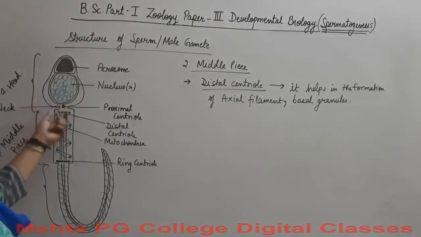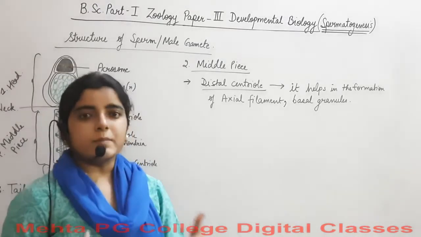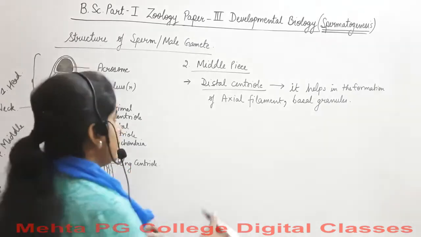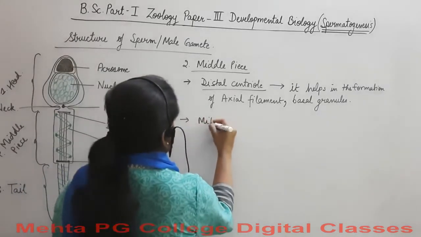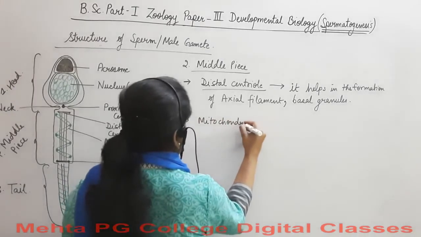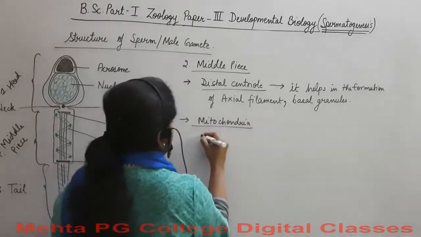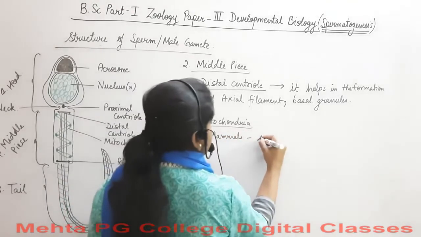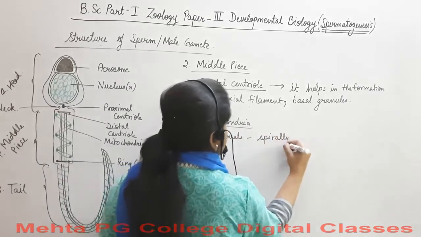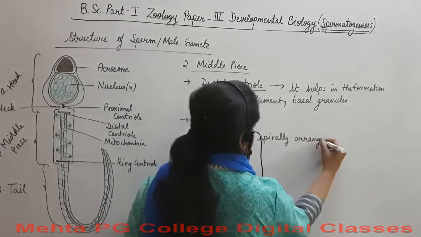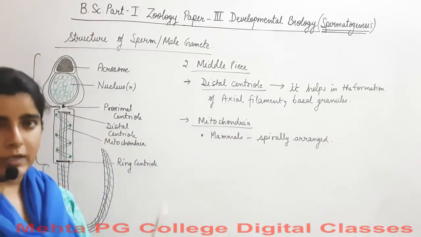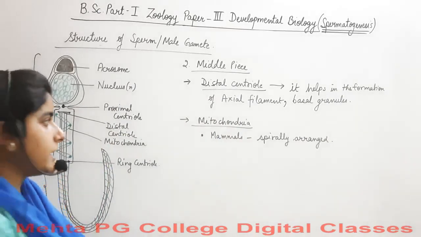The second thing we notice in the middle region is the mitochondria. In mammals, the mitochondria are arranged spirally, in a helical manner.